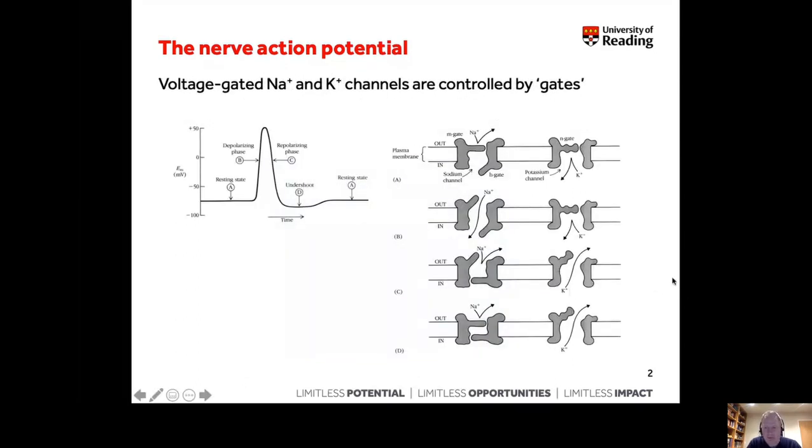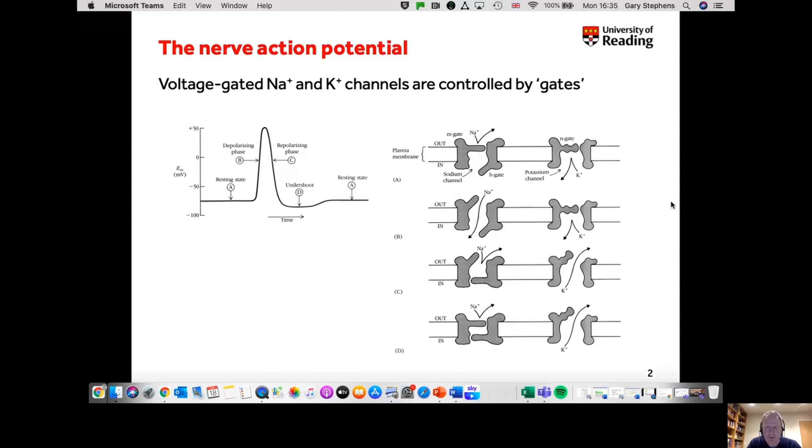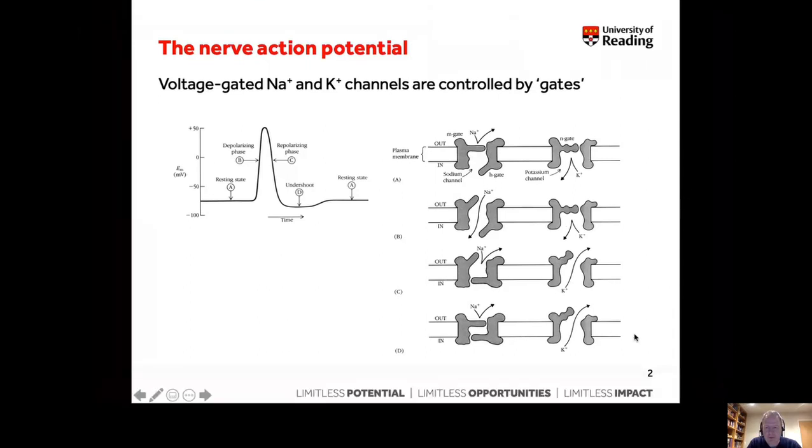And again, this maybe looks like a slightly complicated diagram, but hopefully isn't. Really just concentrate on what we call gates, which control the movement of both sodium and potassium across the membrane. So this column here is the sodium channel, this column here is a potassium channel.